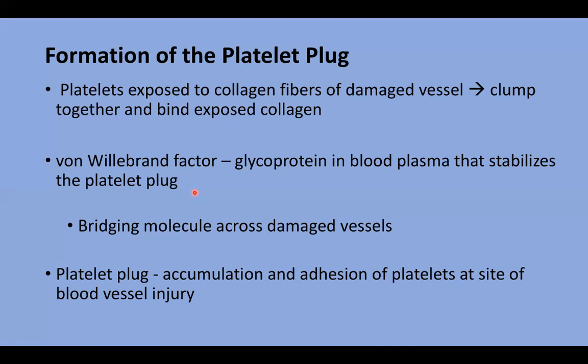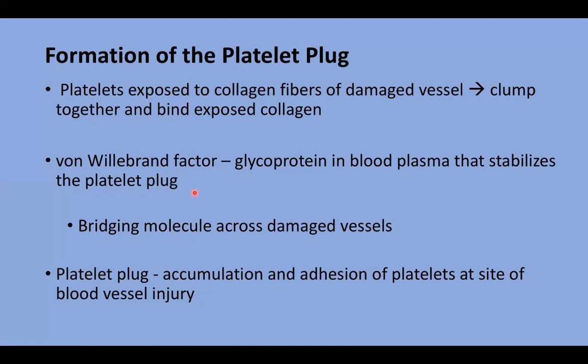And when the inactive platelets glide by these bristly collagen projections, they get stuck. They're not going to be able to just slide by. And as they get stuck, they start to clump together. And this is what's going to form this platelet plug.